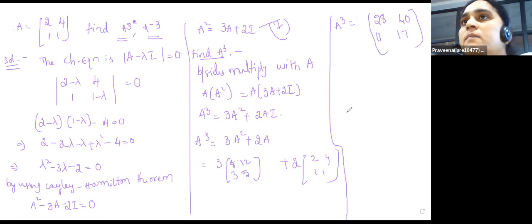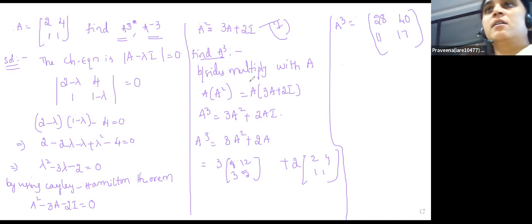Okay, now, next for finding A power minus 3, we don't know the procedure for finding A power minus 3. Let us take the given polynomial after converting it through the Cayley-Hamilton theorem. It will convert as A square is equal to 3A plus 2I. I'll take that equation and multiply both sides with A power minus 3.